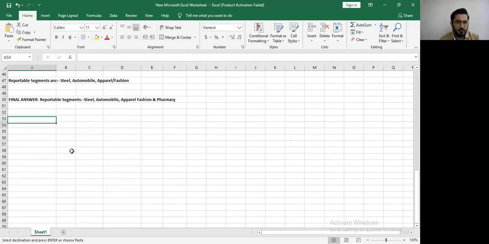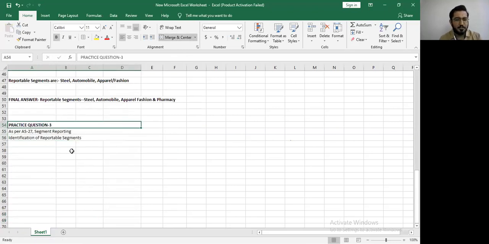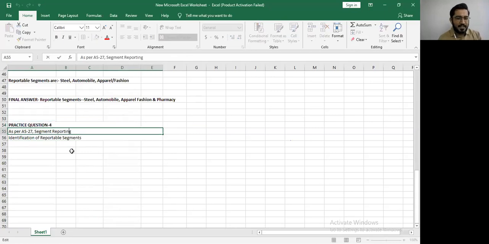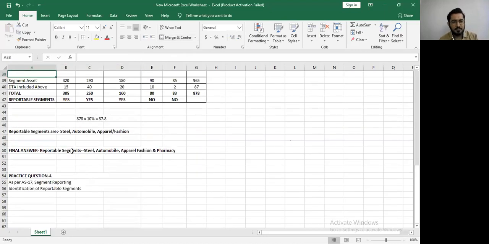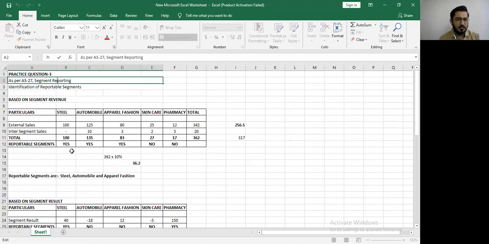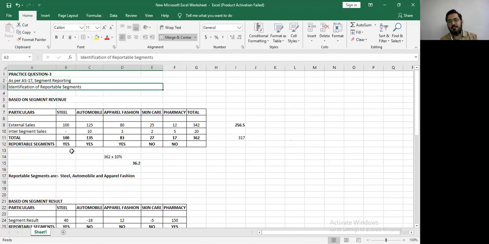Put your first statement. Please write properly. First statement should be as per accounting standards 17, segment reporting.